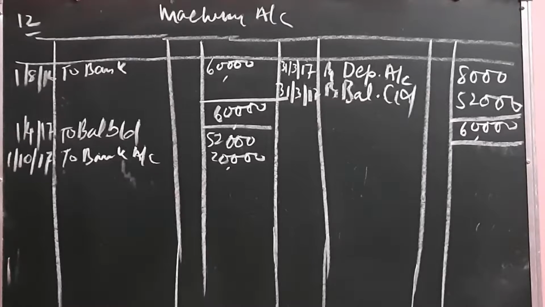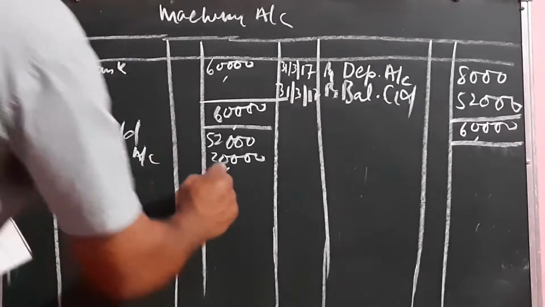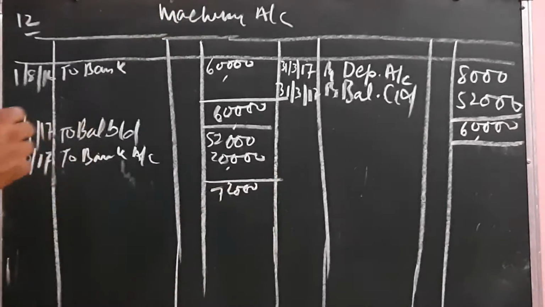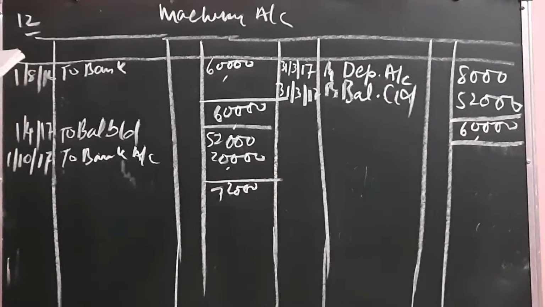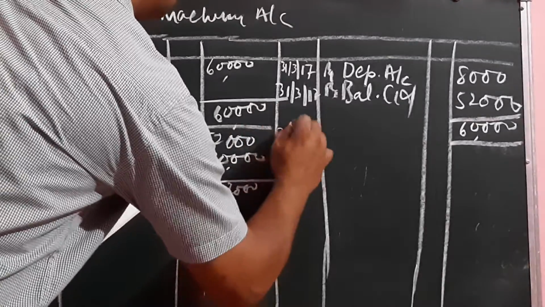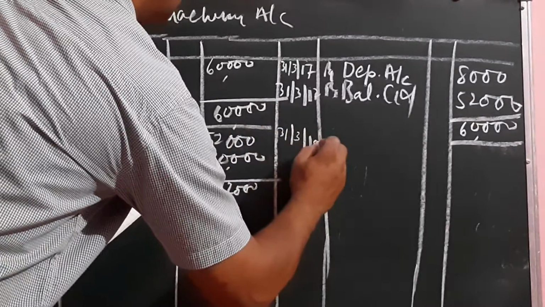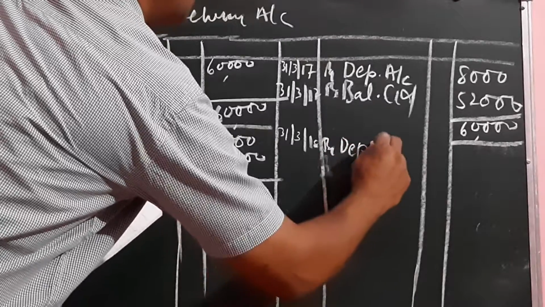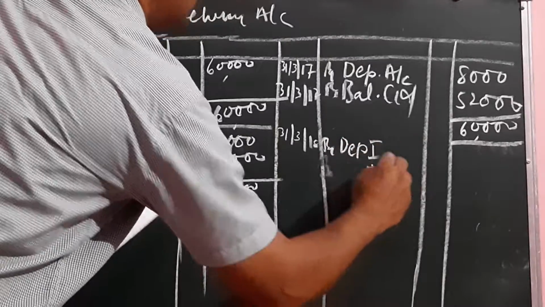So the total value of this is 72,000, and depreciation is calculated on 31st March 18, by depreciation. We have two machines here, the first machine and the second machine.